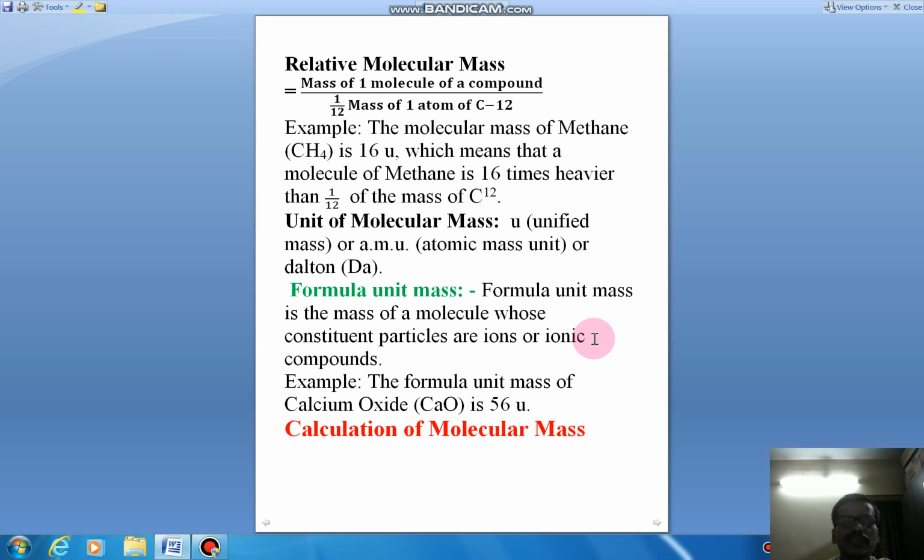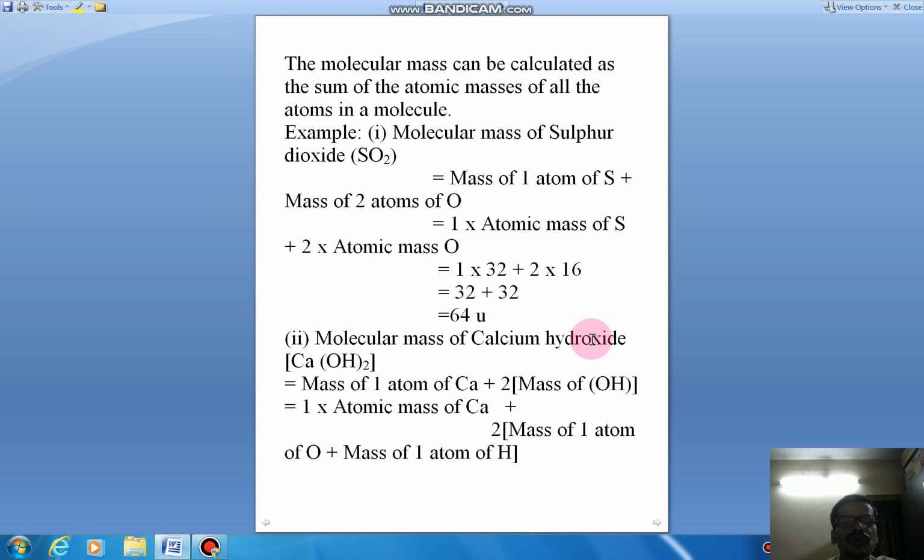Okay. Now let us see how to calculate molecular mass. Molecular mass can be calculated very easily if you know the atomic masses of the elements. From the atomic masses, we can easily calculate the molecular mass of the molecules. Example, the molecular mass of sulfur dioxide. Its formula is SO2, which consists of one sulfur atom and two oxygen atoms.